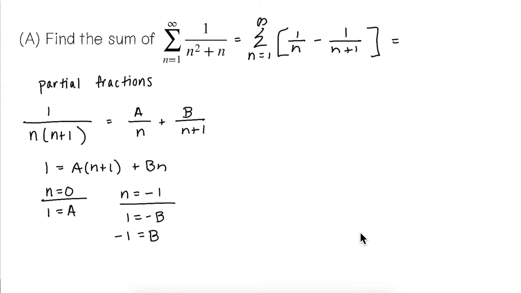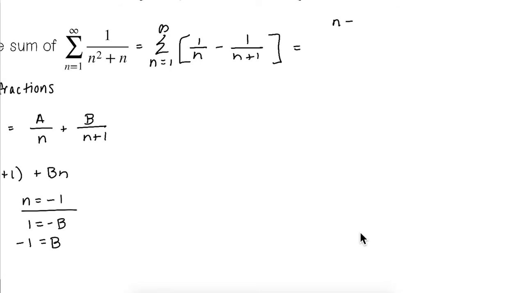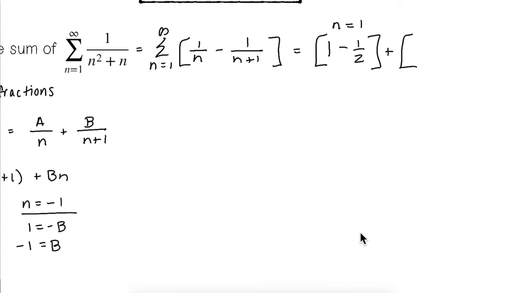Now let's actually start finding some terms. Right, so if I plug in n equaling 1, that's my first n value. 1 over 1 would give me 1, and then 1 over 1 plus 1 is 1/2. Right, and I'm finding a sum, so I'm going to be adding my terms together. So now if I plug in 2, 1 over 2 minus 1 over 2 plus 1 is 1/3. Right, plus, now n equaling 3.